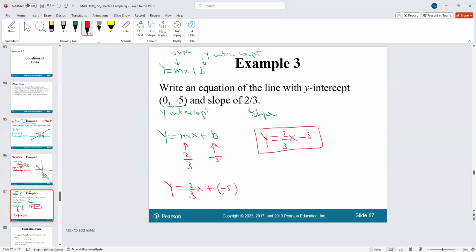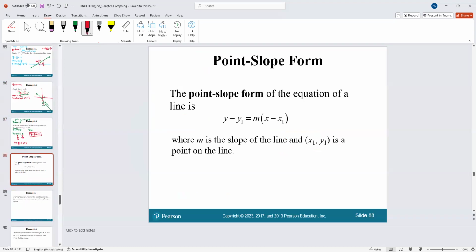Now, the point-slope form of the equation of a line is y minus y1 equals m times x minus x1. We're going to call it the formula for the equation of the line.